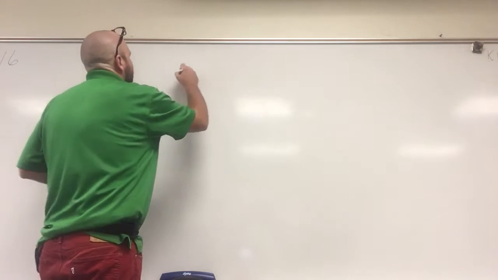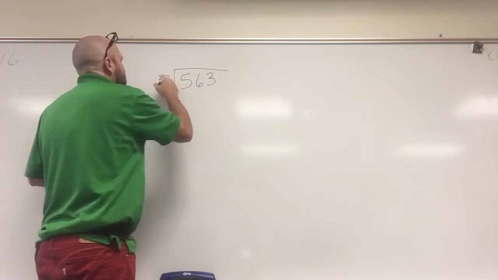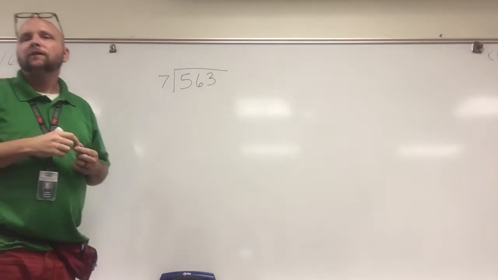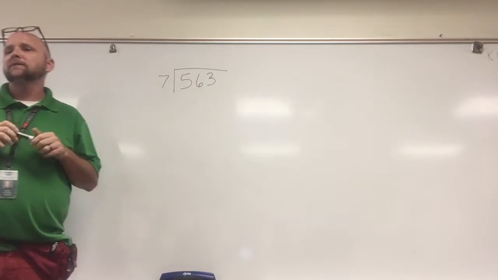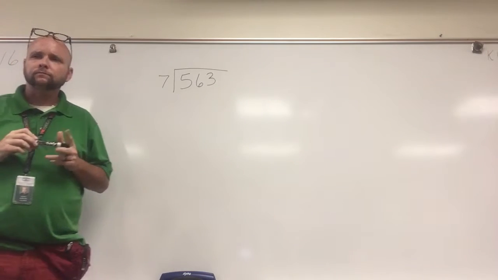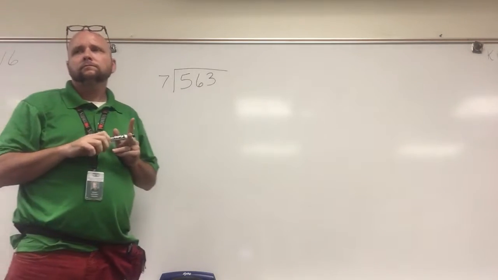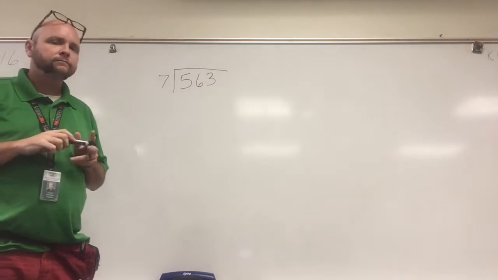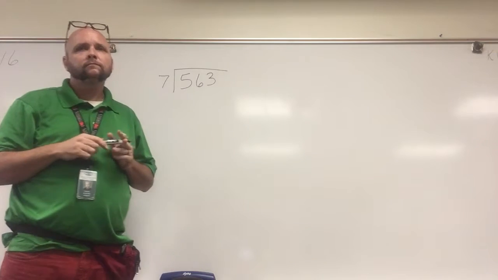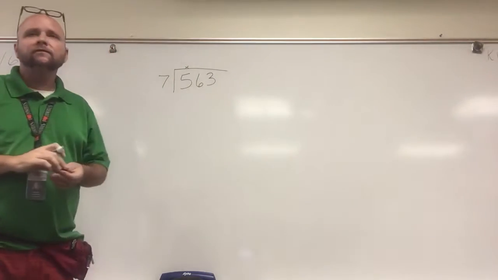What's the next one? 563 divided by 7. Doesn't go into 5. Wait, 7 can't go into 5, but 7 can go into 56. So there's no number above the 5.